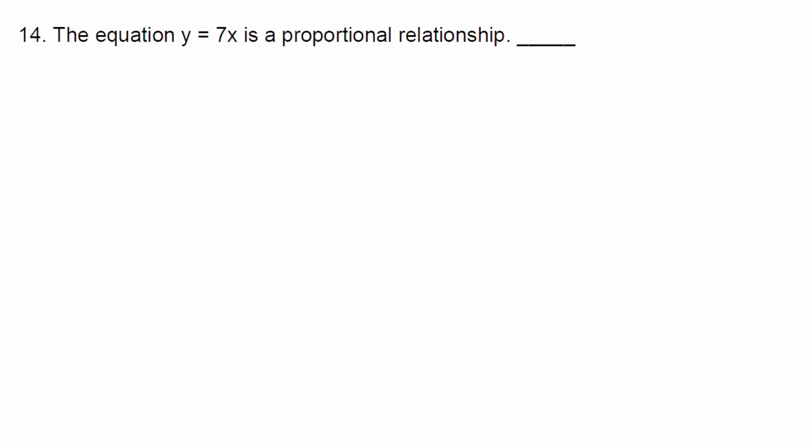Number 14. So the equation y equals 7x is a proportional relationship. Well, this one is actually true. So how do you know that a relationship is proportional? We have this form, right? That y equals kx. Once the equation follows this form, it's automatically going to be proportional. So what if we have y equals 7x plus 2?